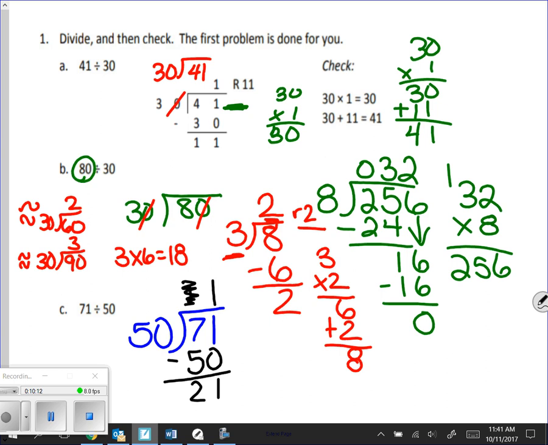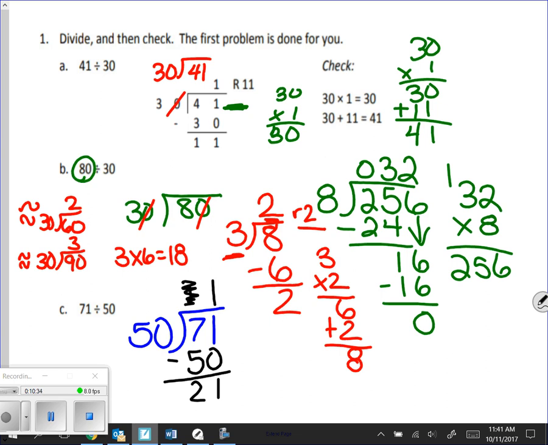As long as it's smaller than your divisor, my remainder could be 49. As long as it's smaller than my divisor, it just can't be equal or larger.